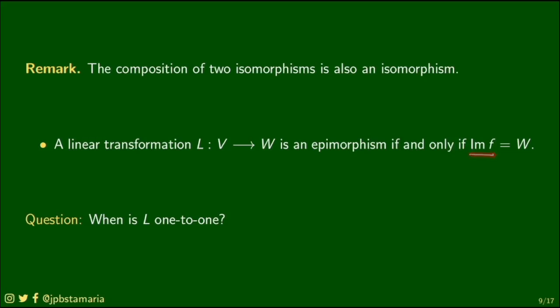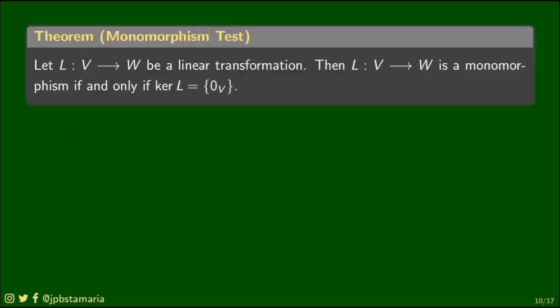So if the range or the image tells us when L is onto or an epimorphism, it turns out that the kernel will tell us when L is one-to-one. And this is what we call the monomorphism test, because it tests when a linear transformation is a monomorphism. So here, L is a linear transformation from V to W. Then we can say that L is a monomorphism if and only if the kernel only has one thing in it.